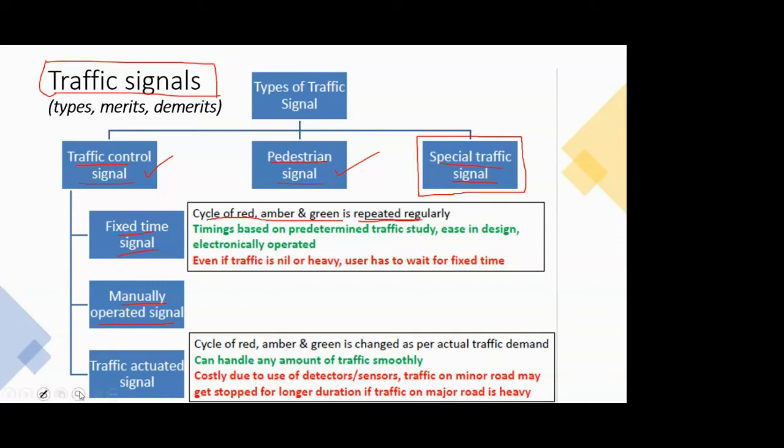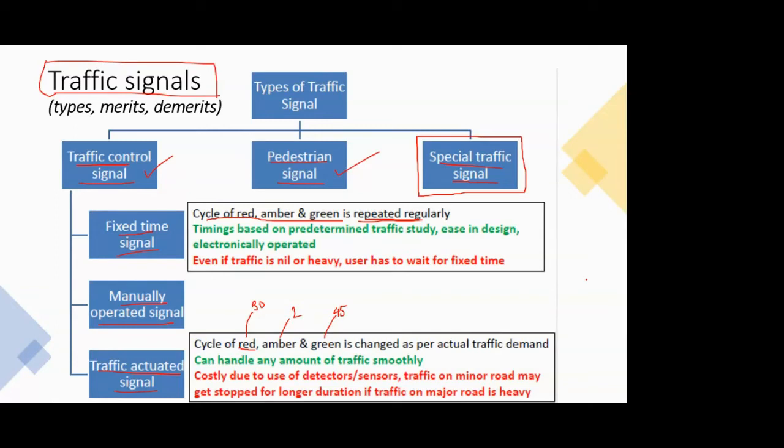And then you have traffic actuated signals, which are a pretty sophisticated development in traffic signals. Whatever the cycle time is, in the example I gave, red is suppose 30 seconds, amber is 2 seconds, and green is 45 seconds. This will hold true for a particular traffic scenario.